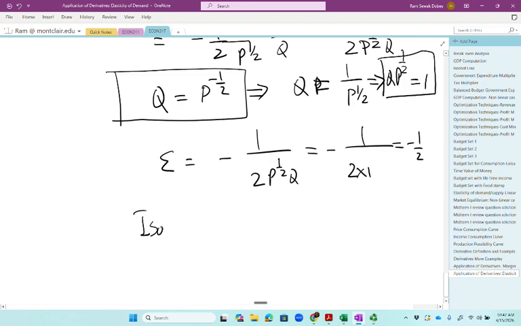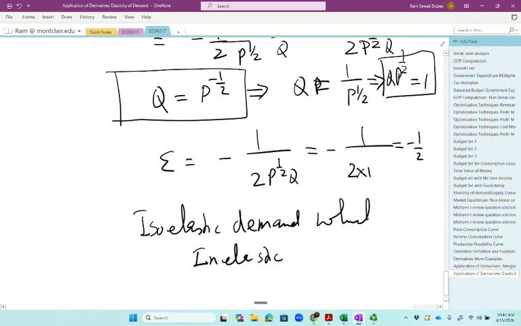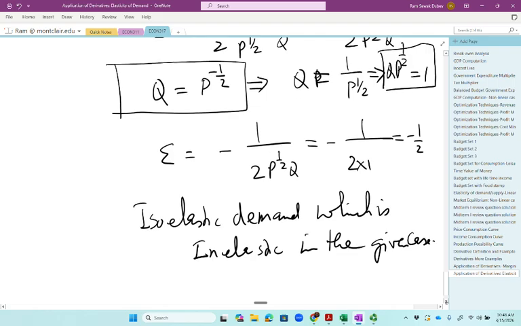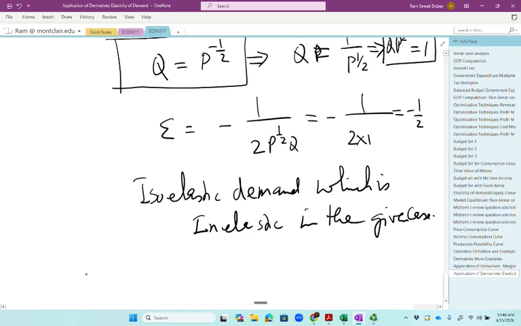This is again an isoelastic demand, and elasticity is greater than negative 1, so we will say it is inelastic in the given case. And so this is a good point to stop.